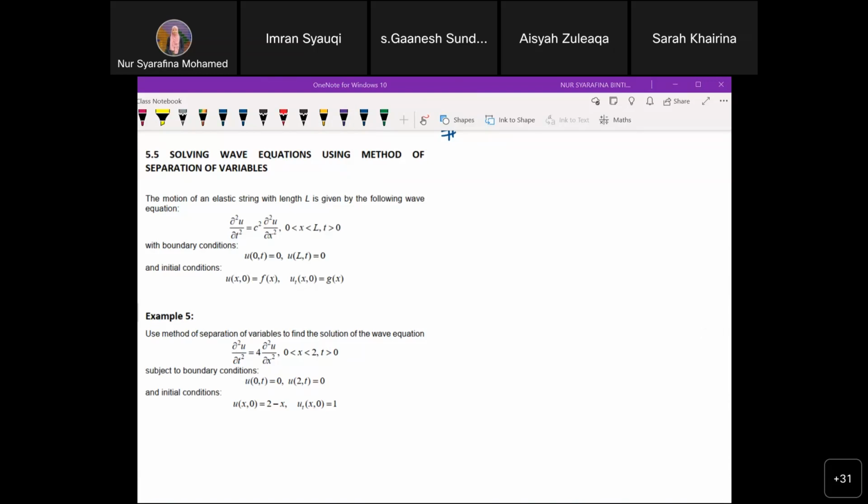Yes, we have to reduce the PDE to an ODE. But before you reduce, you need to have your expected solution. What is your expected solution here?